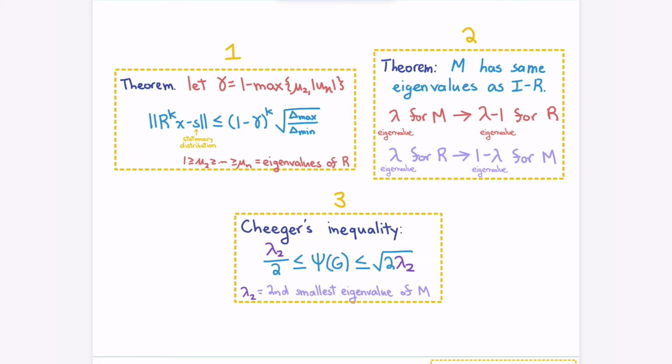And we know how to relate the second smallest eigenvalue of M, which should correspond to the second largest eigenvalue of R, to the conductance of a graph. So we put all these together, we can start trying to relate the conductance of the graph with the mixing time.